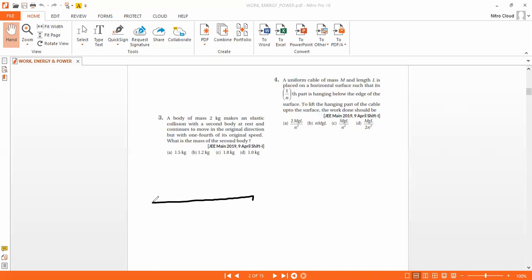I think this type of model we did in our classes. We are having a uniform chain like this.